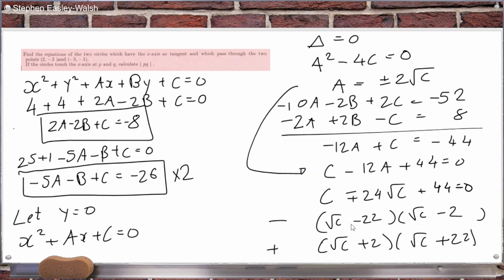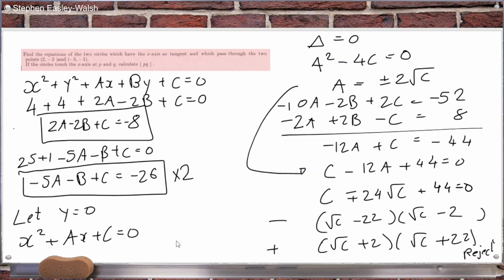Yeah. And then root c minus 2, yeah. So, yeah, doesn't make sense to say root c is a negative number, because root c has to be positive. So this second one here, I think I would reject and just go with the first one.